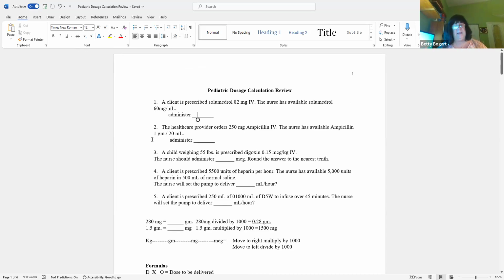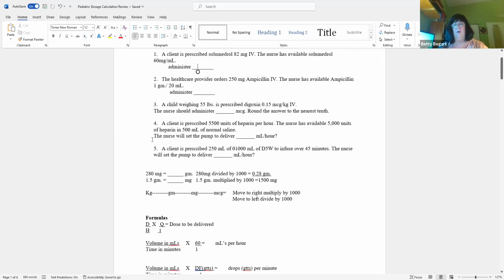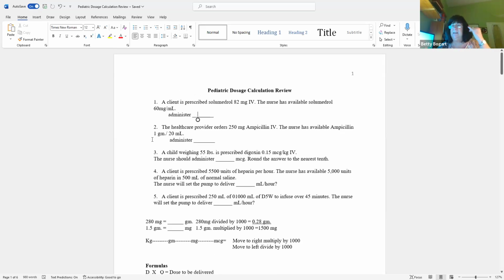So that being said, we have the first question. It's a very upfront, simple sort of question. First of all, we have three formulas. What am I going to use? Is it a dose to be delivered? Is it mLs per hour or drops per minute? Well, this is telling you prescribed to deliver. You need to give. It's a medication. It's a dose.